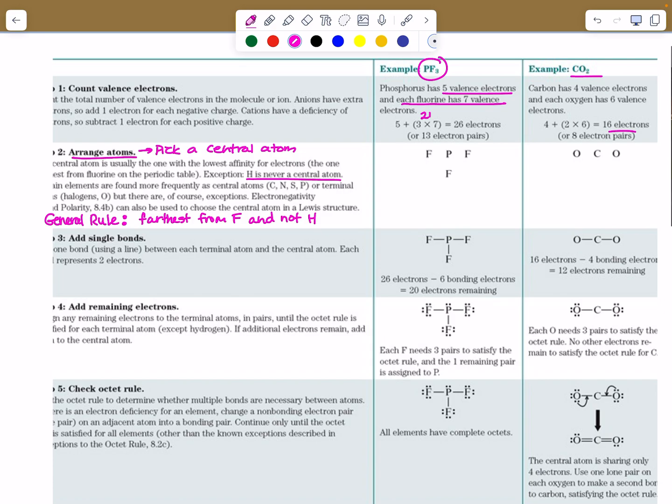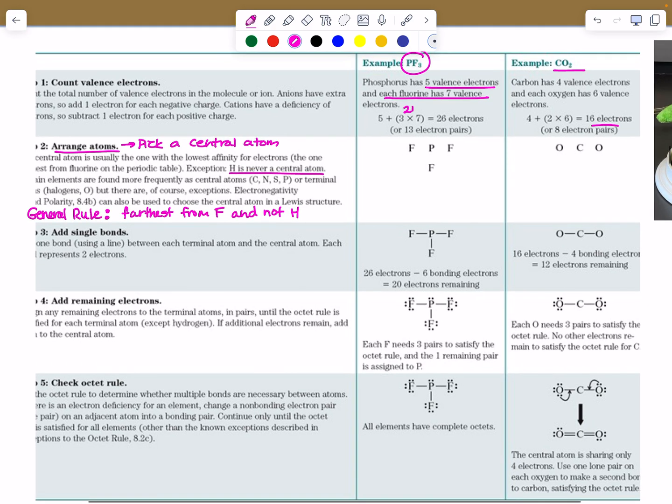All right, so the next thing we do is place the terminal atoms around the central atom, and then connect everybody by at least one bond. So here we are with our PF3, and we've added one bond between our central atom and each of the terminal atoms. Remembering that each bond represents 2 electrons, we count up and see how many more we have to place.